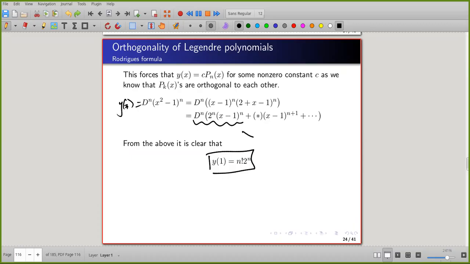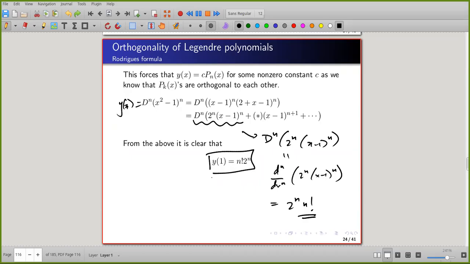We only need to consider d^n of (x minus 1)^n times 2^n, which is exactly equal to 2 to the power n times n factorial. That is how we have evaluated y of 1, and the other terms are going to be 0 when evaluated at 1.